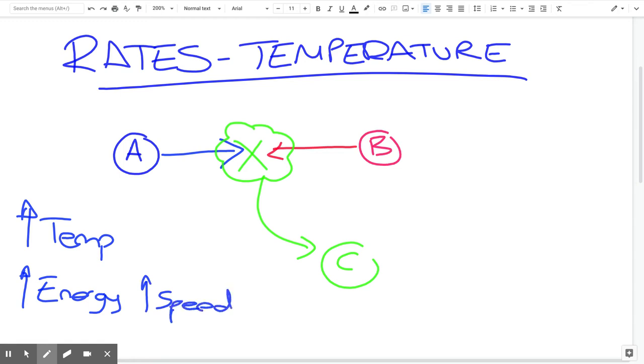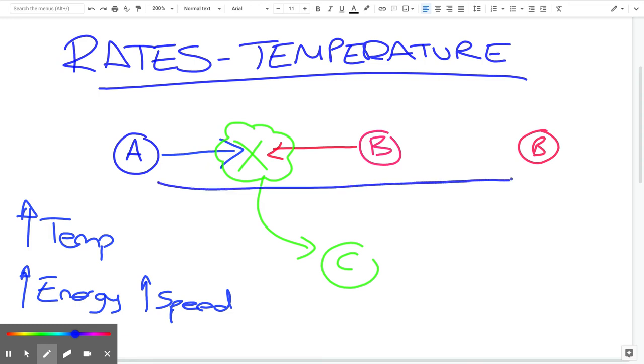Okay, so if a particle is moving faster, it's possible, if we look at this diagrammatically, that if particle A was moving at a certain speed, it could hit particle B within, say, 1 second. If we increased the speed of particle A, and likewise particle B, I suppose, then if A was moving, say, twice as fast, it is possible for A to cover more distance in a very simplistic fashion.